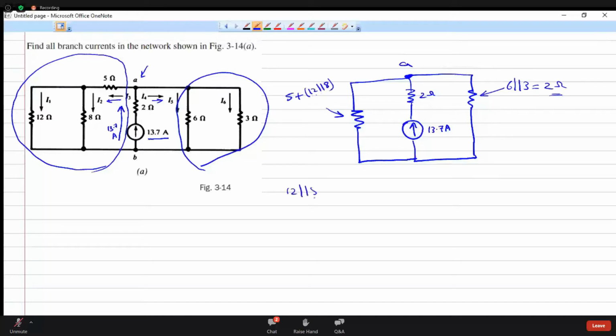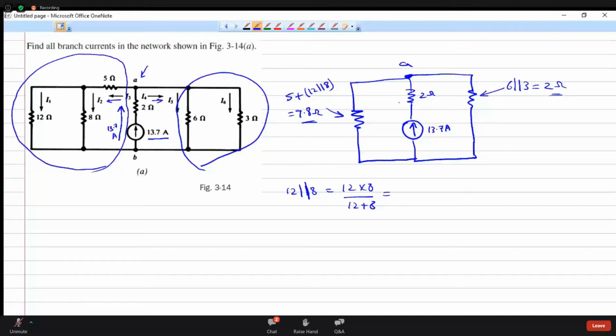So 12 parallel 8 is 12 into 8 divided by 12 plus 8, 4.8. Are you telling the final answer? Yes, sir, 9.8 is the final answer. No, okay, you are telling the resistance. So this is equal to 9.8 ohm, right?